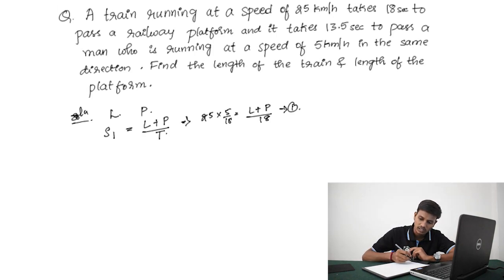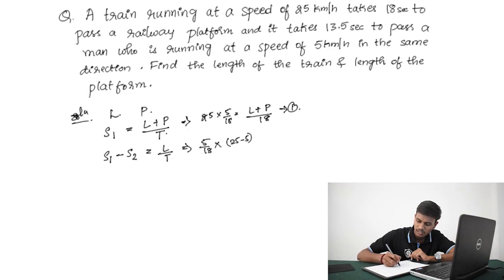And another case is where both the trains are moving in the same direction. So for that we have the formula S1 minus S2 is equal to the length of the train divided by the time taken, that is 5 by 18 multiplied by (25 minus 5) is equal to length divided by the time taken, 13.5 seconds.